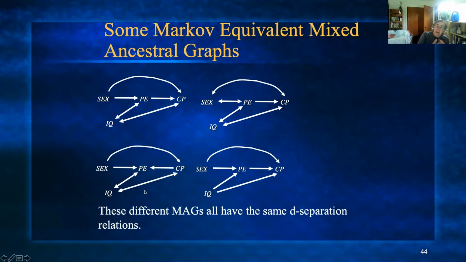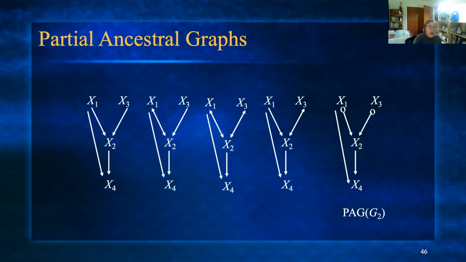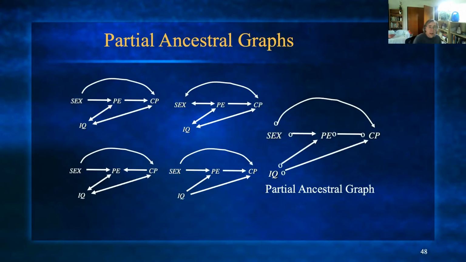That is, if you applied m-connection to each of these different marginal graphs, you would end up with the same independence model, in which case you would see that the partial ancestral graph would be the one shown here, which has the same set of adjacencies as every member of the MAG set, but differs in orientations.